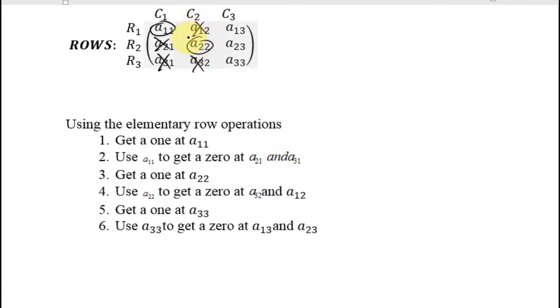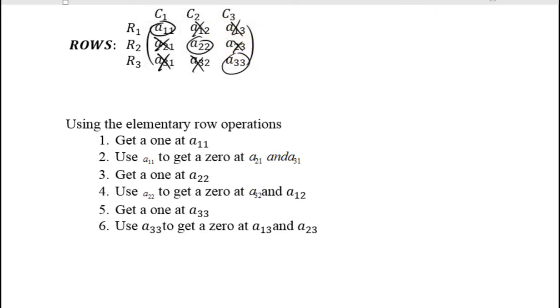I was doing that for that previous problem that I just got through working. And then step number 5, get a 1 at A33 and then get zeros above it by using that 1. And how do we do that? We use those 3 elementary row operations. You can interchange rows. You can multiply any row by a non-zero scalar, or non-zero number, and then you can add a multiple of one row to another row.